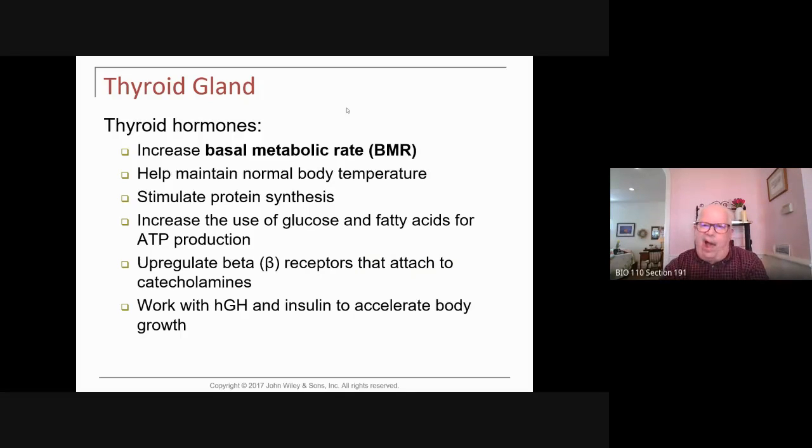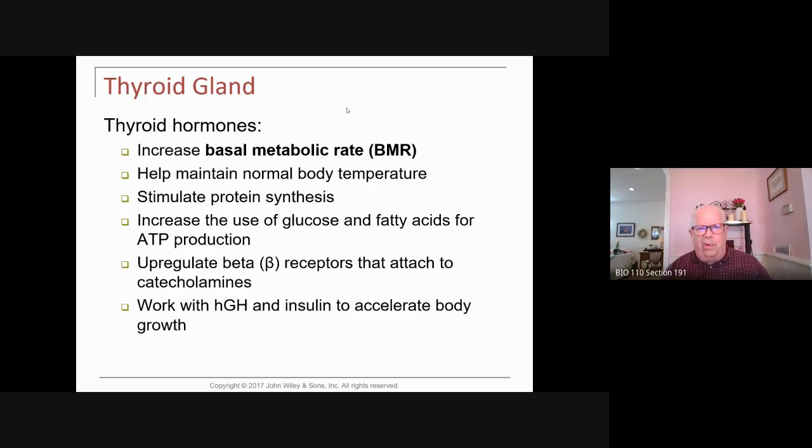In hypothyroidism, that means that you have low thyroid hormone levels, you won't grow. Your cells don't grow. And one of the signs of hypothyroidism as an infant is mental retardation, because the nervous cells of your brain don't grow.